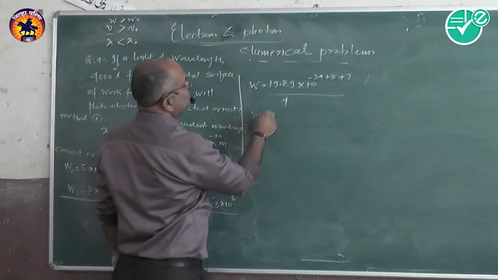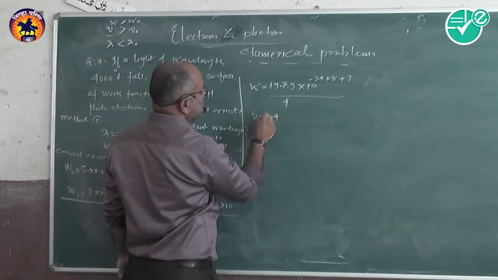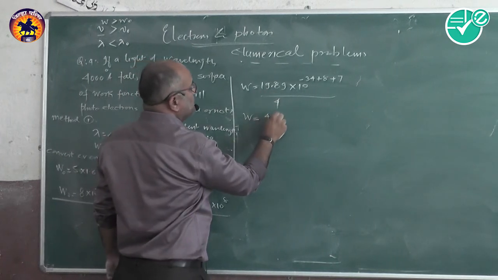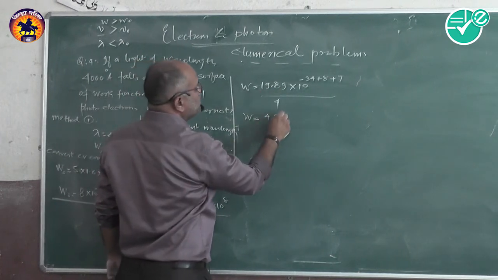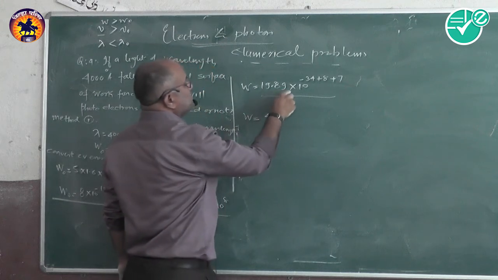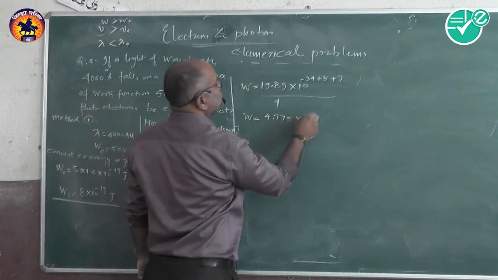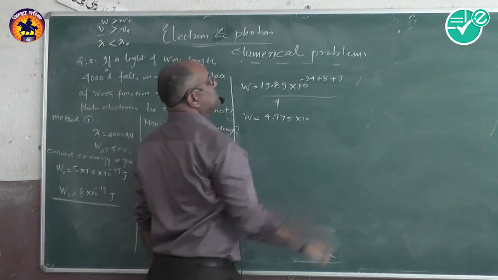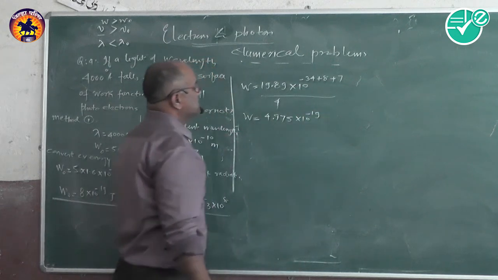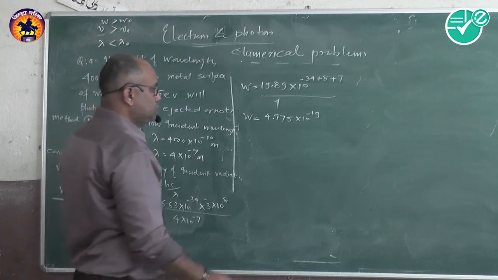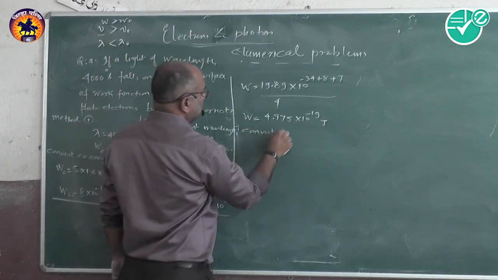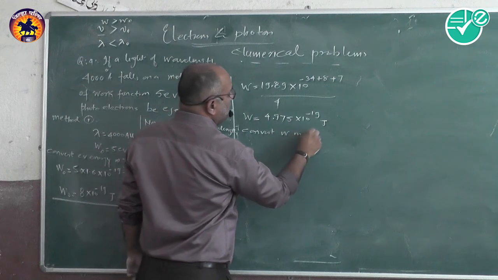So W is equal to 4.975 into 10 raised to minus 19 joule. Convert W into electron volt.